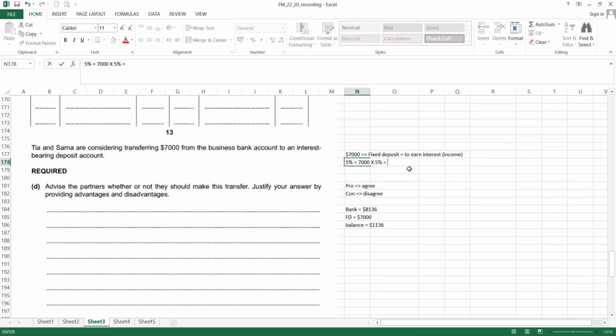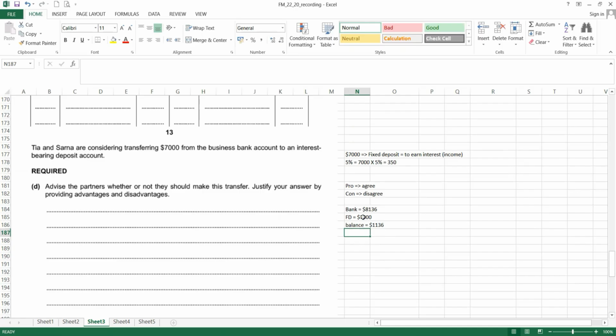Only 350. Okay, this is the amount that we can get. Compare balance for a business. If you have money only 1,000 in the bank, it's very risky for you to run the business because cash is a king. So you don't have enough money, then how are you going to run the business?